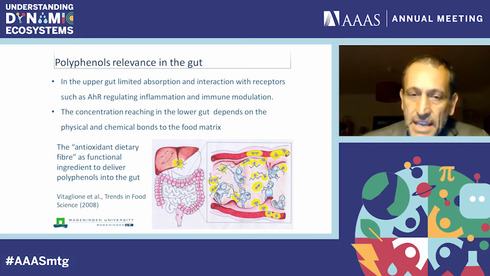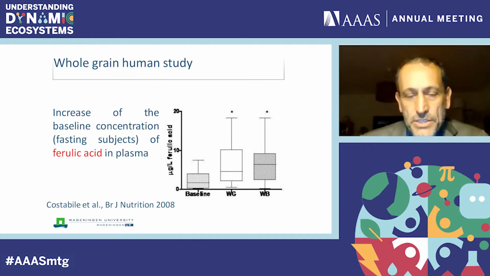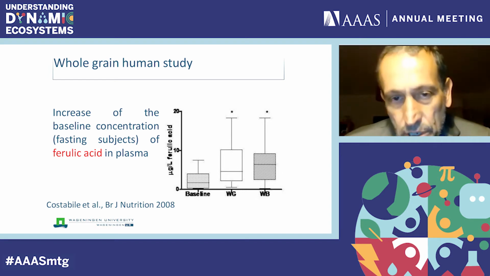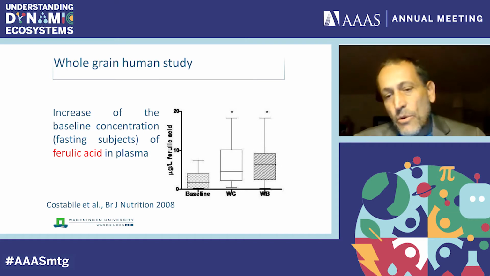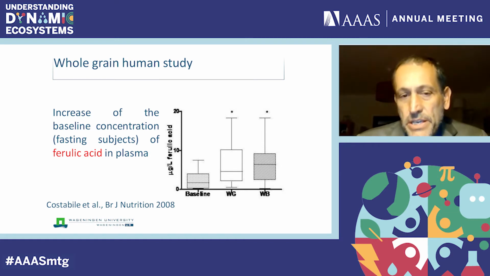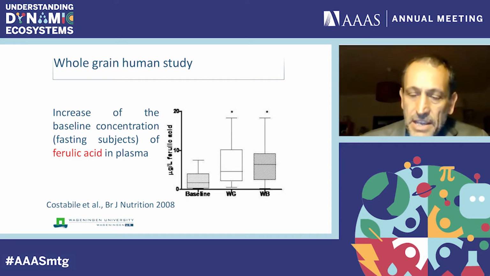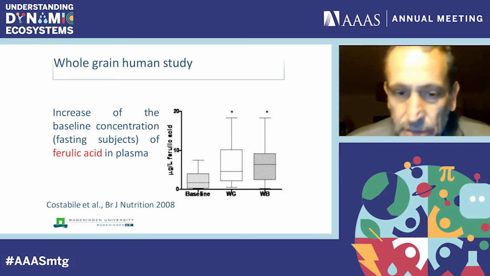And in this case, we do not only have in vitro evidence, like in the case above, but we did human studies. An old one, a kind of serendipity discovery, we found in this study with a group of Glenn Gibson in Reading that by feeding people with whole grain or wheat bran, we were able to see an increase of ferulic acid, so the phytochemicals, in the plasma of the fasting subjects.